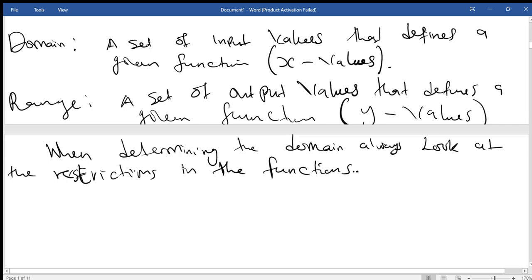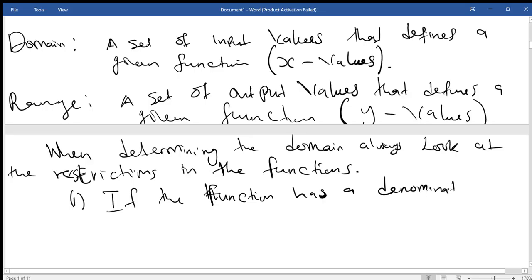These restrictions might be as follows. Number 1, if the function has a denominator, for example, where you have f of x equals 3x plus 1 over, let's say, x plus 1.